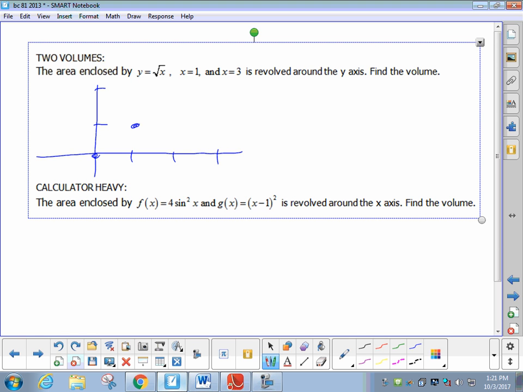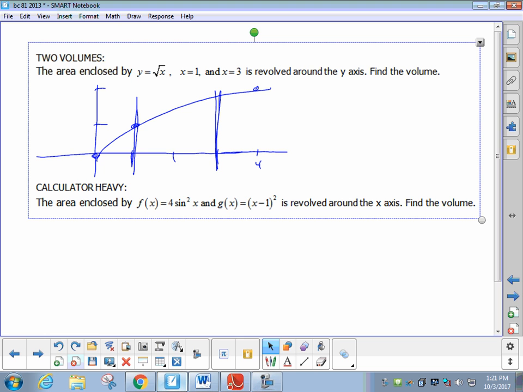is something like this. X equals 1 is something like this, and x equals 3, this. It's supposed to be y equals 3 to be the same as the last one.